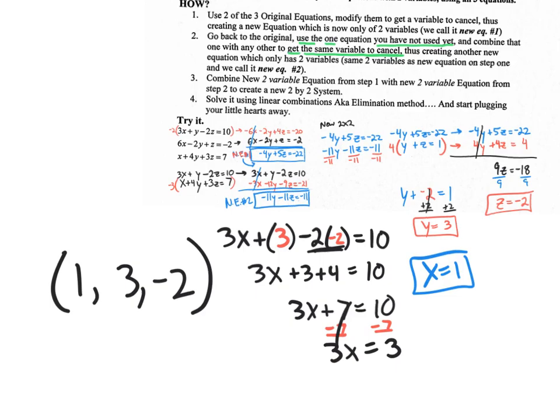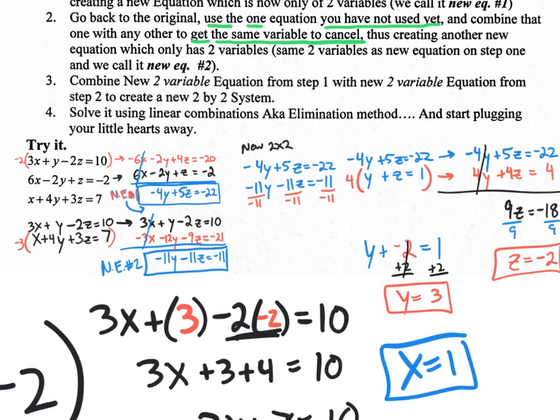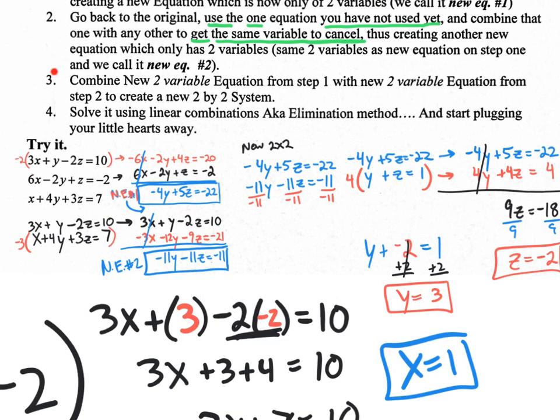So again, step 3 and 4, it doesn't have to be exactly like this. Step 3 was to create your new 2 by 2 system, right? Get your new variable equation from step 1 and your new variable equation from step 2, and create a new 2 by 2 system. You could say on step 3, and solve.